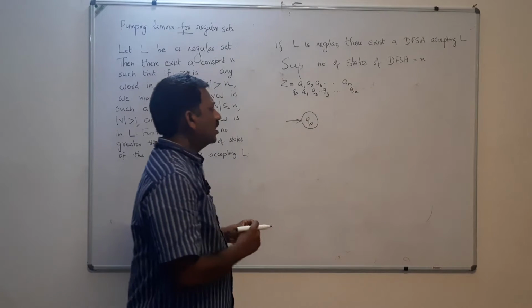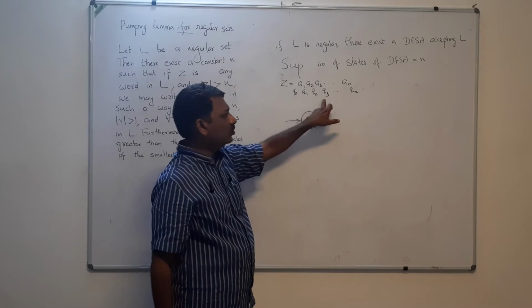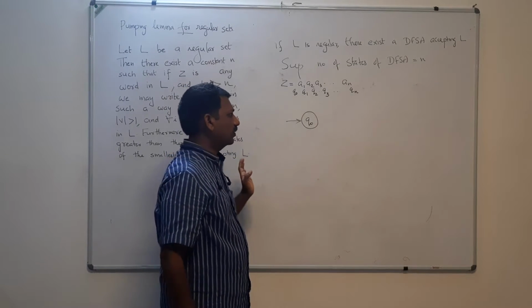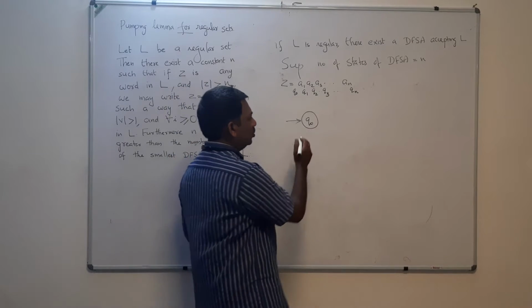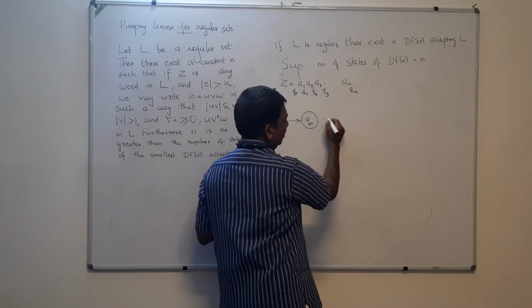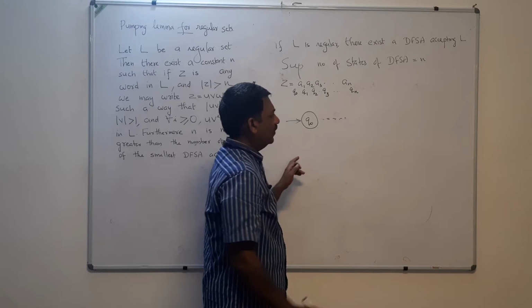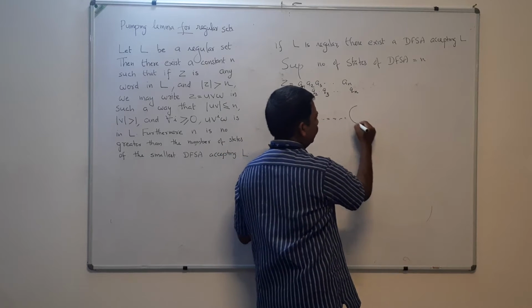That means now you have Q0, Q1, Q2, Q3, etc. up to Qn.